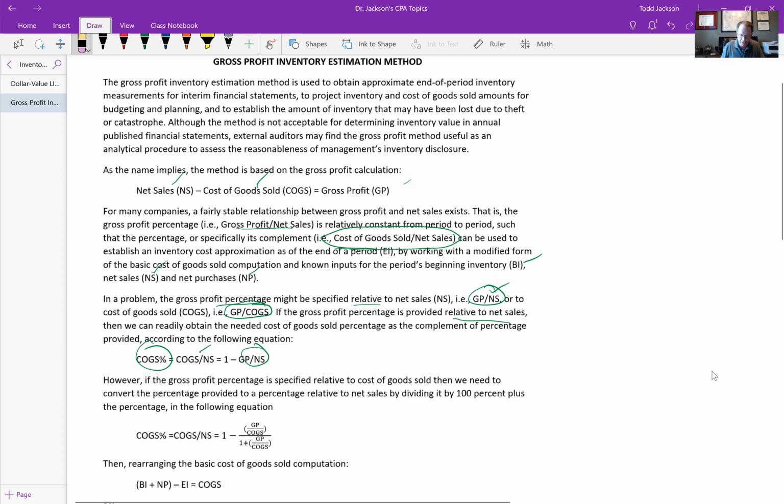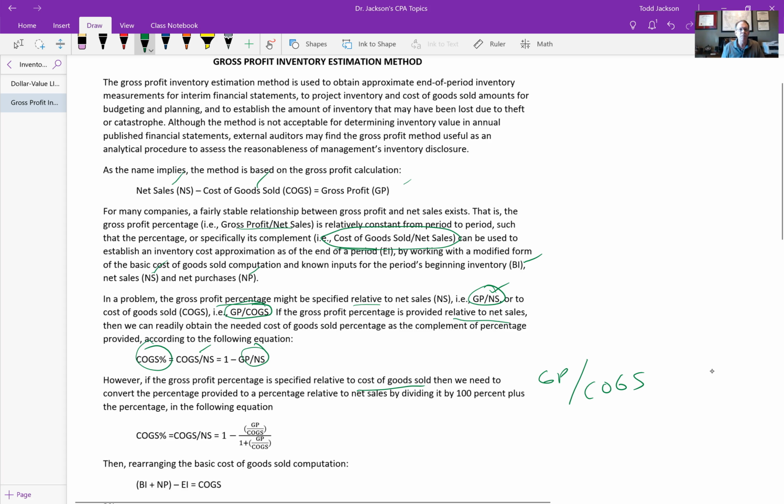However, as already noted, sometimes the gross profit percentage will be provided to us relative to cost of goods sold. That is, gross profit will be expressed as a percentage or fraction of cost of goods sold.